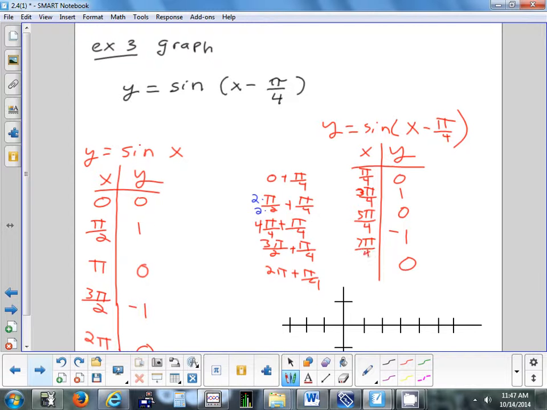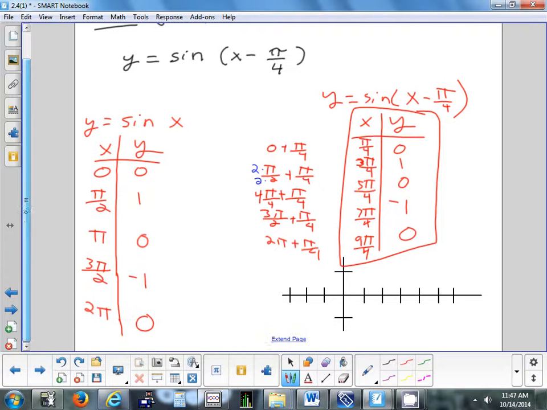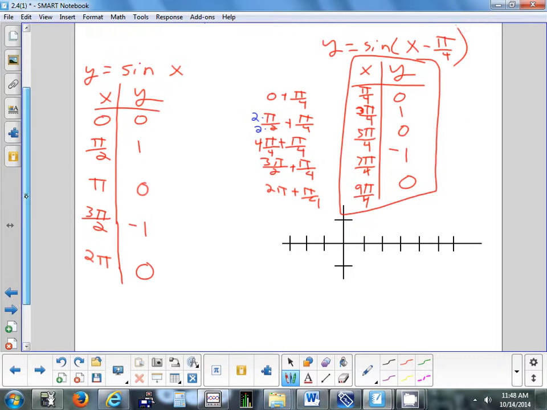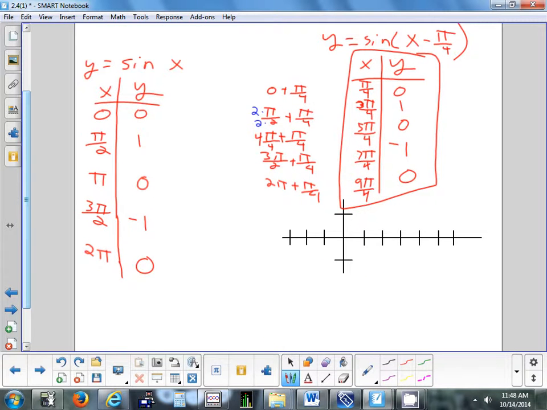Again, I'd have to double the top, double the bottom. It would be 6 pi over 4 plus 1 pi over 4 is 7 pi over 4. And the last one, 9 pi over 4. Okay, those are my x values. Questions on those x values?